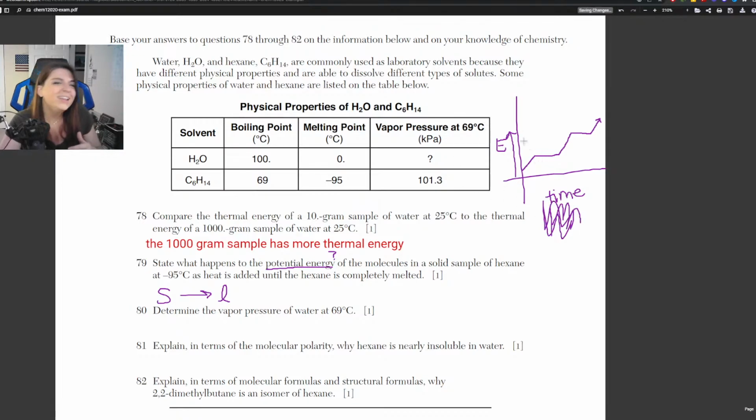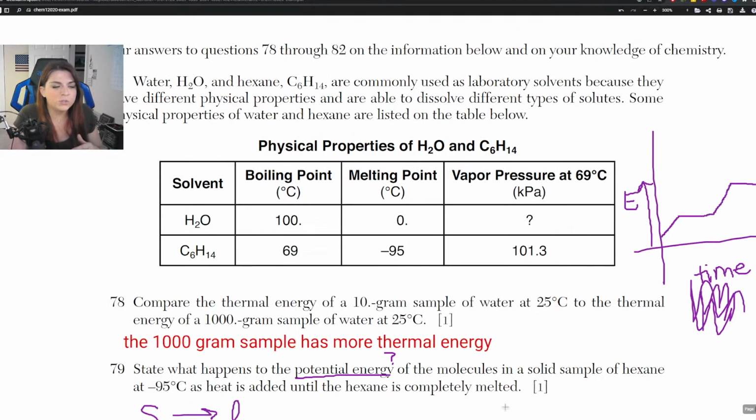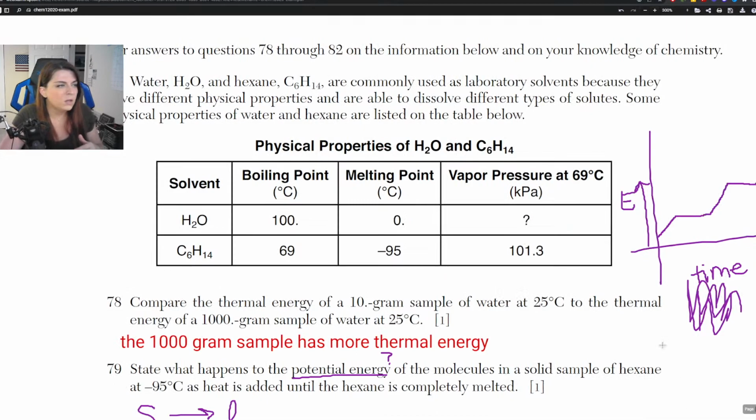During the slanted parts of this graph, we are making the particles move faster. And that is the increase in temperature. So this and this and this, the green sections, are going to be increase in motion and temperature.